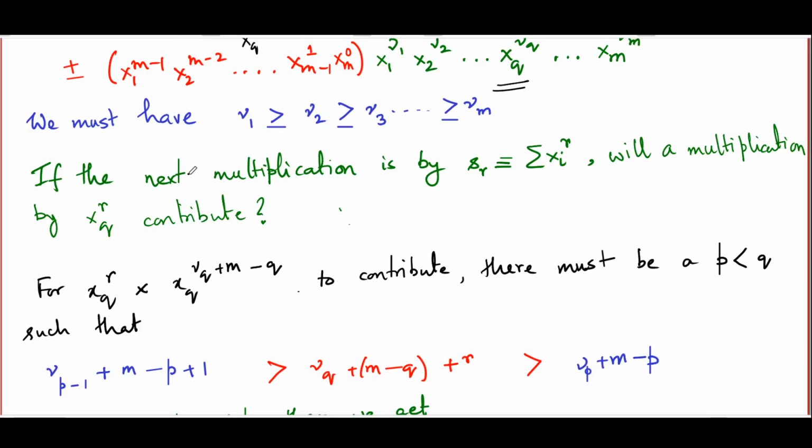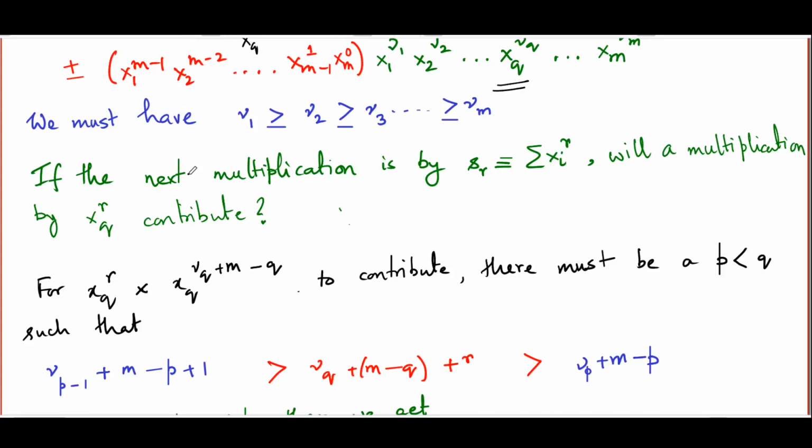The power of x_{p-1}, which, remember, is ν_{p-1} plus m minus p minus 1, but that becomes minus p plus 1 after you open up the brackets. So this condition is simply stating that the power that x_q has after this multiplication is different from all the powers that are already there for the previous xi's.